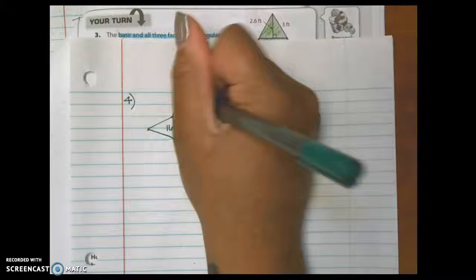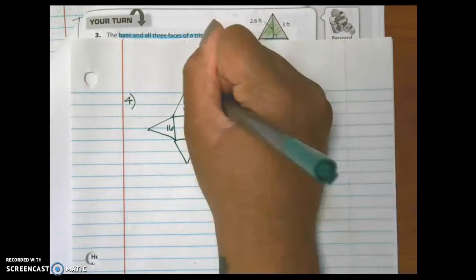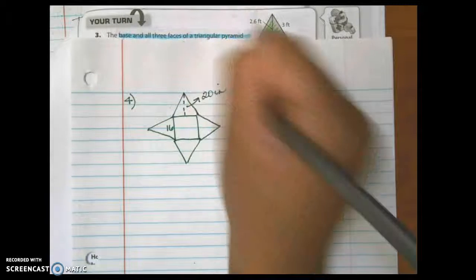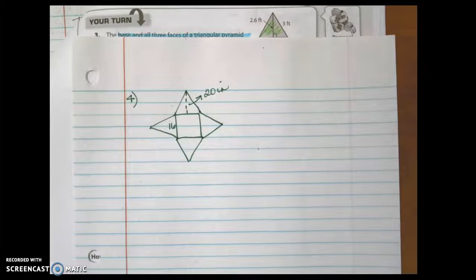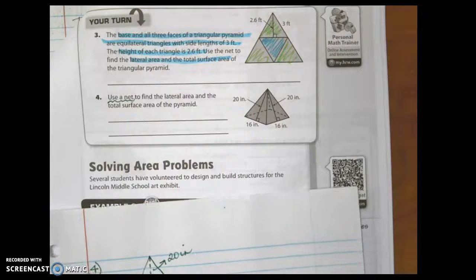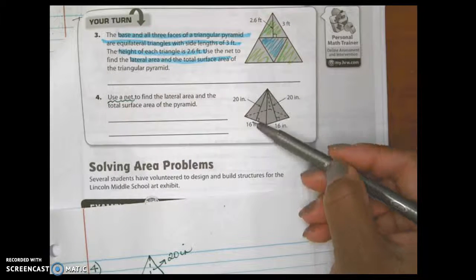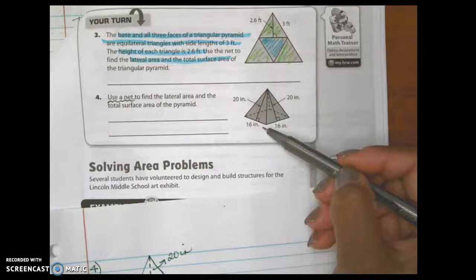How tall are these triangles? 20. They cut this in half to show you the height, because the height of a triangle is perpendicular to its base.